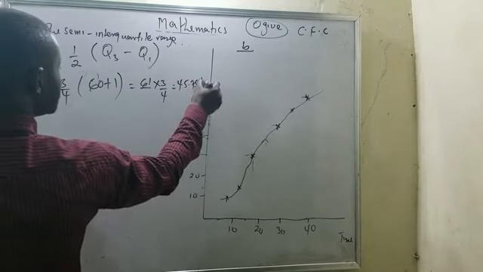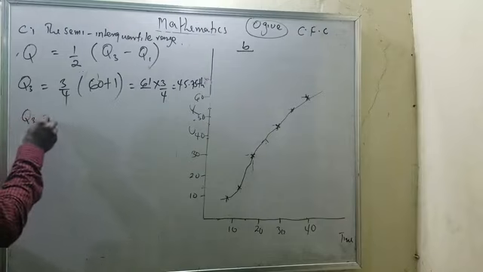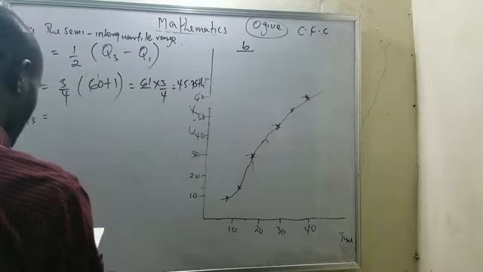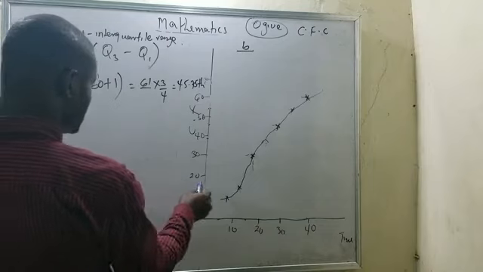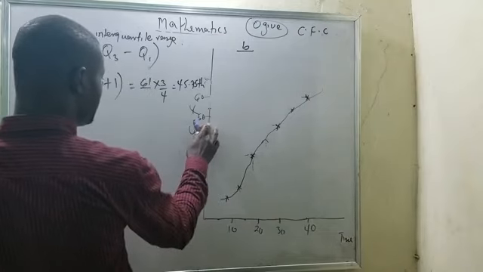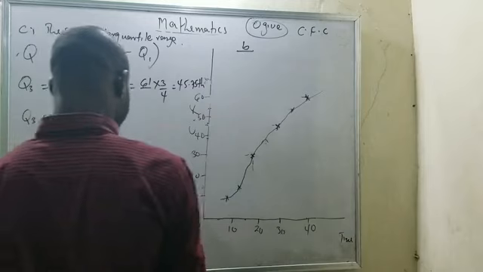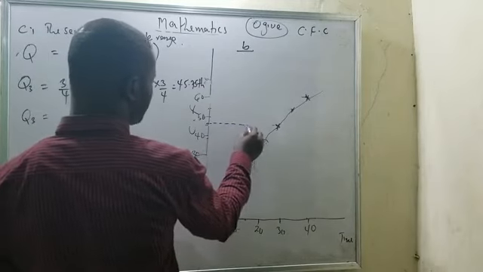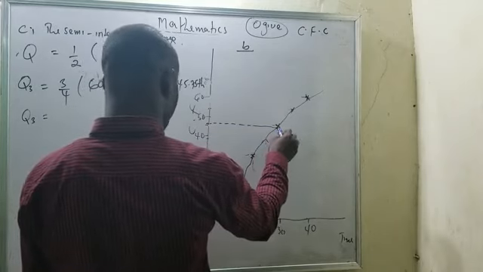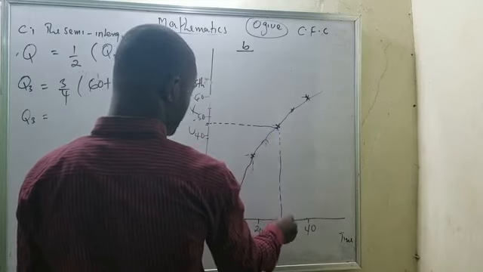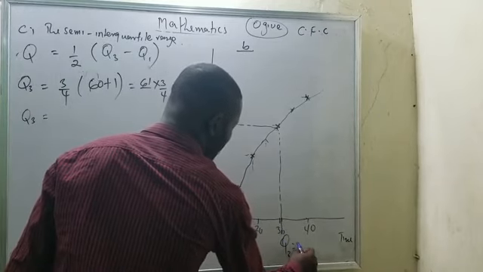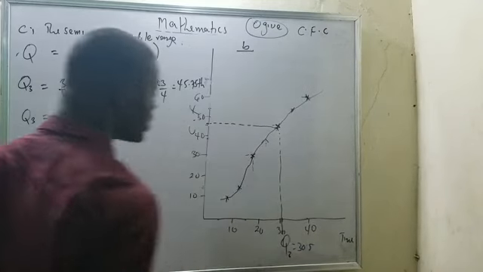Now, in terms of position, I come to 45 on the cumulative frequency axis, which is 45 point something, and draw it down to the curve. Meeting the curve somewhere here, what I have is Q3, which should be 30.5 because it is not accurately 30.